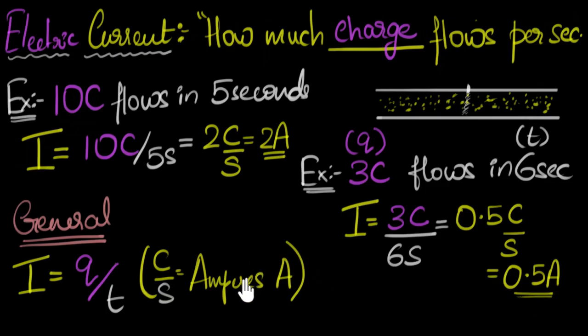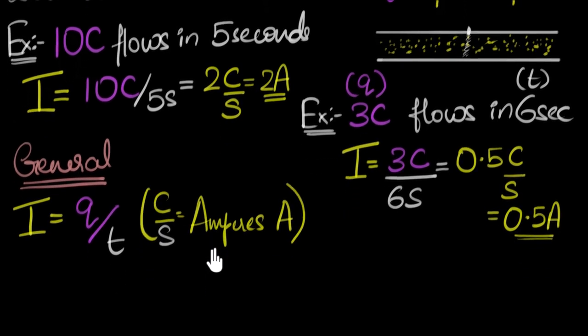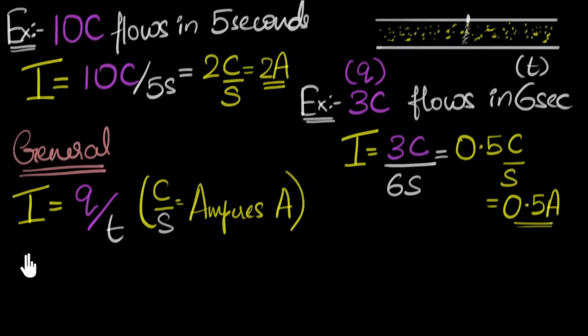We'll just take one more example so that we are super clear with this. So let's say somebody says we have a current of 3 amperes. What does it mean? Well, it means there are 3 coulombs of charge passing every second. Now, can you calculate how much charge passes in 5 seconds?